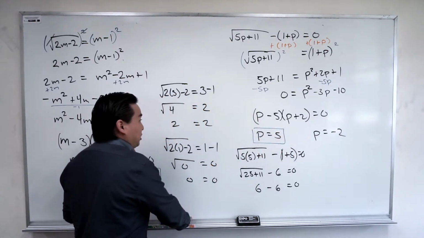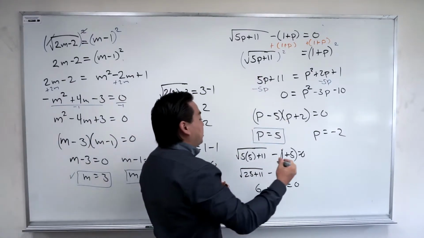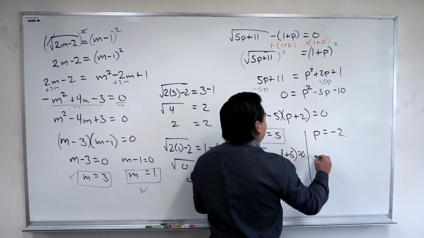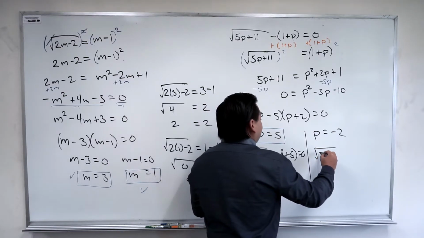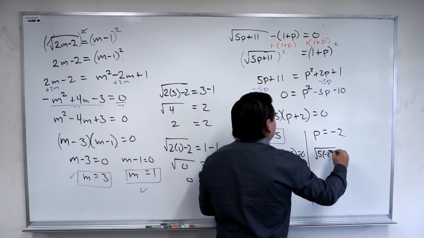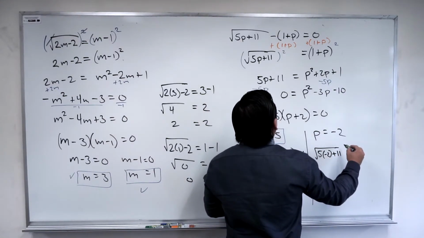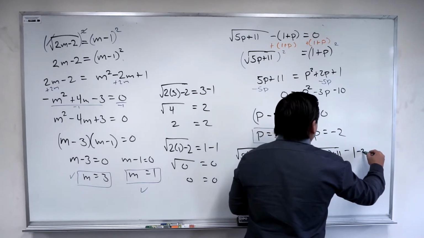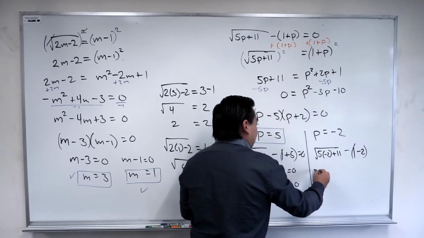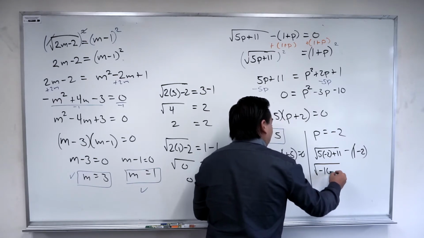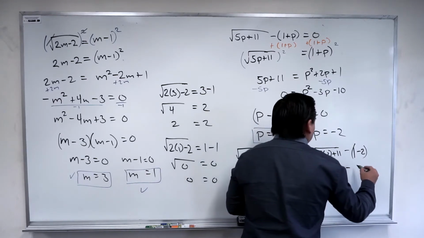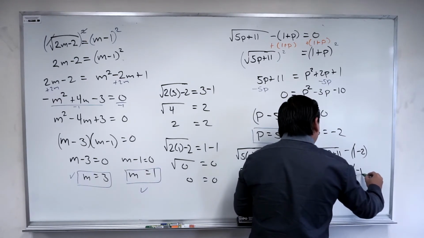So let's go ahead and check the other one by plugging in the negative 2. So the square root of 5 times negative 2 plus 11 minus 1 minus 2. This is going to be the square root of negative 10 plus 11 minus negative 1.